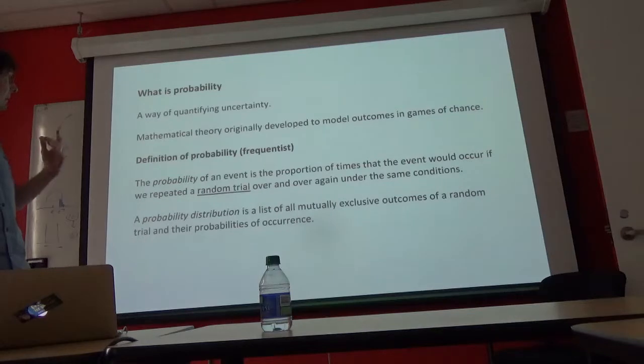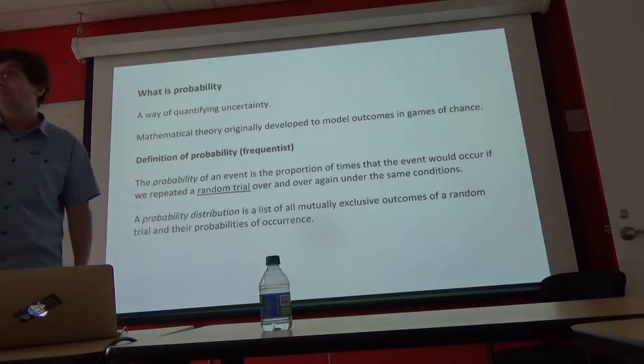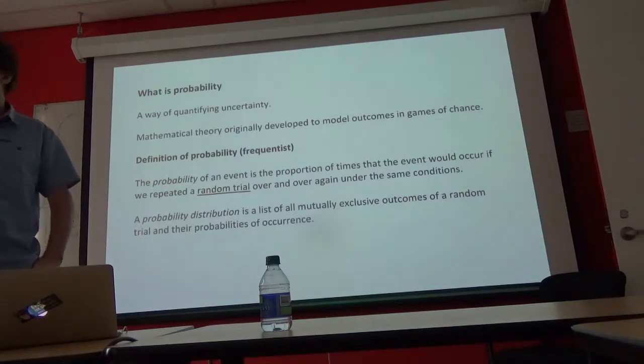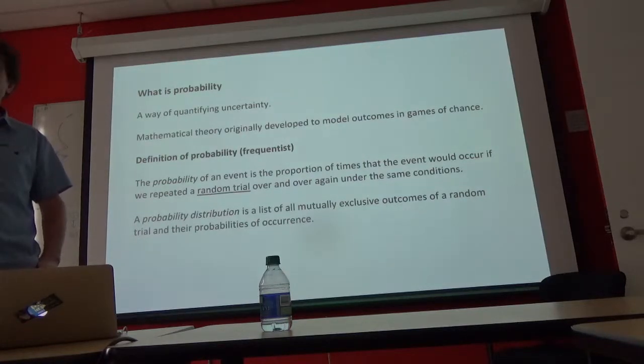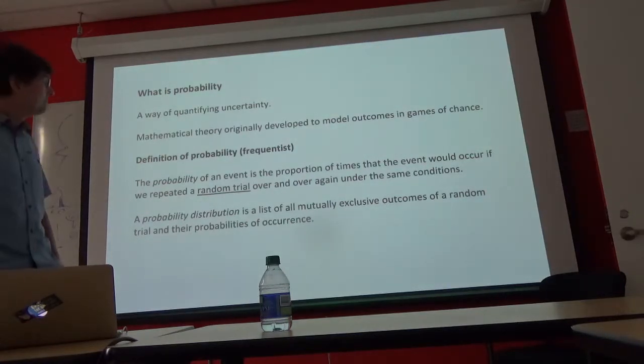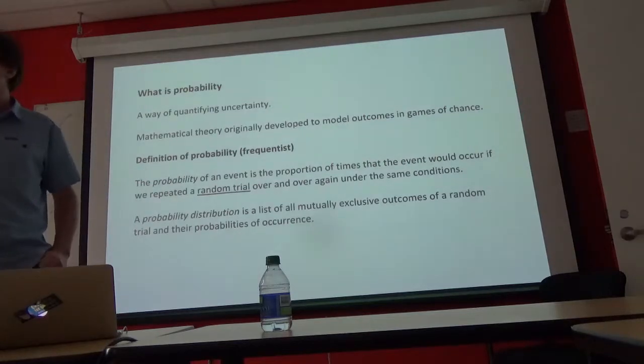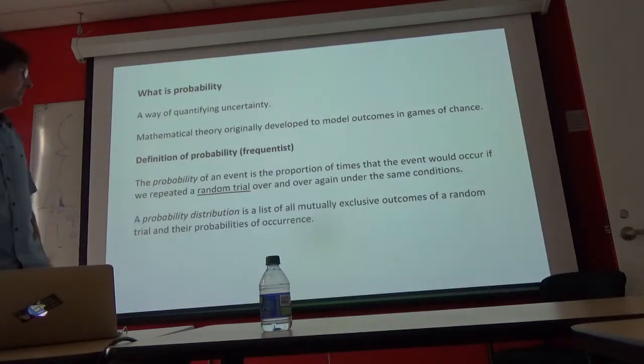And the mathematical theory that underlies all of the statistical methods that we use was developed to model outcomes in games of chance, gambling. So even though this is a highly respected field, we have to remember that often it was through dubious motives that many of the methods we use all the time were invented.